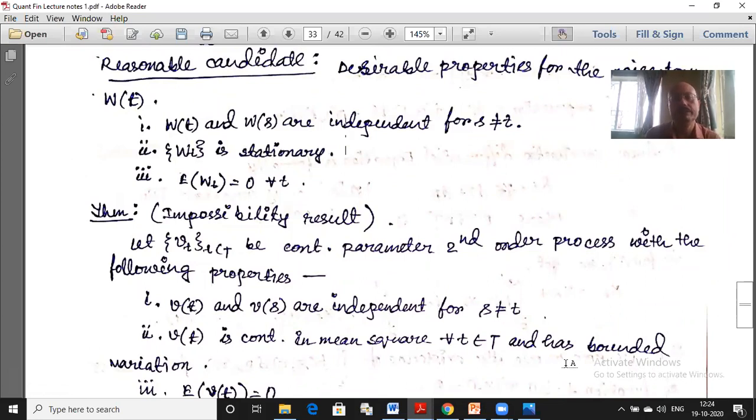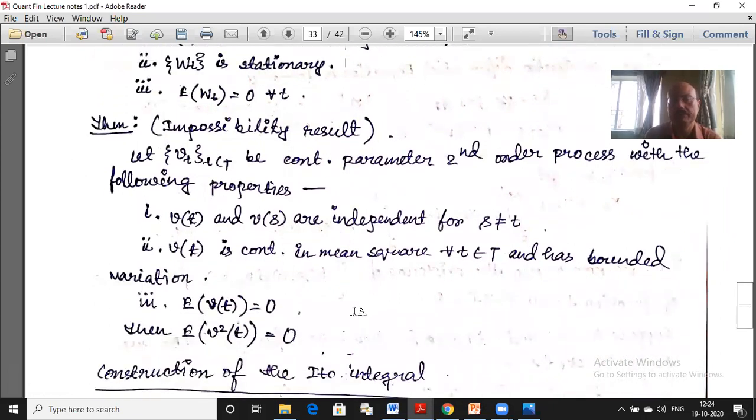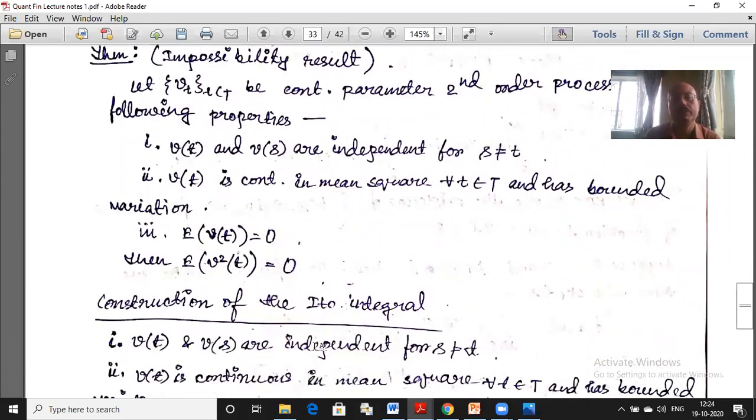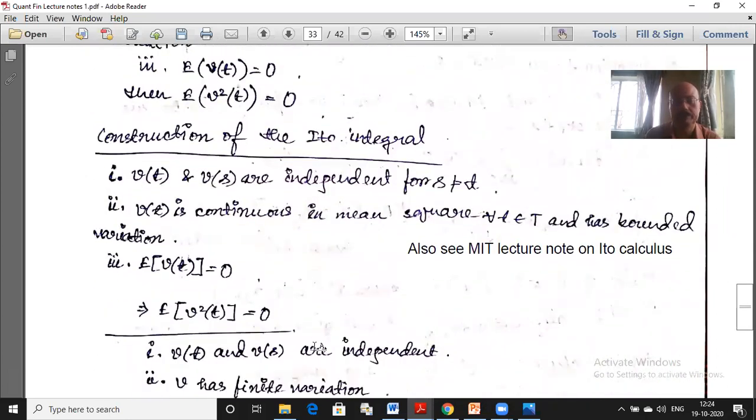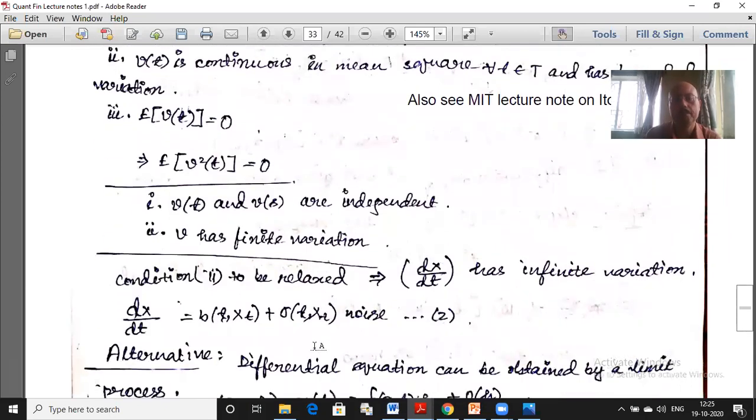The trouble was, all of these things together do not give me a proper random variable; I will end up with zero variance. So I needed to give up something. What do I give up? We gave up finite variation, which would potentially mean that the symbol dx/dt will have infinite variation. But okay, we can see what happens.